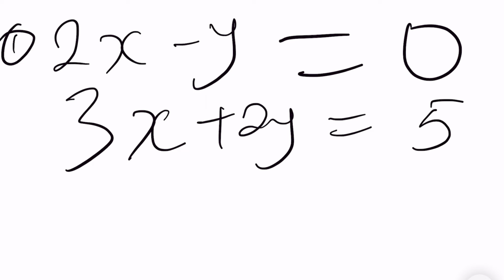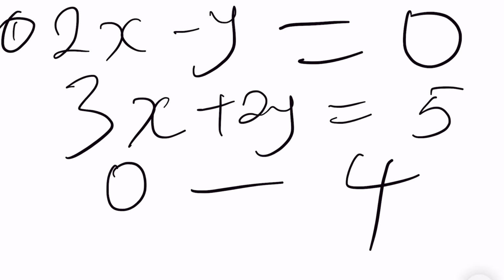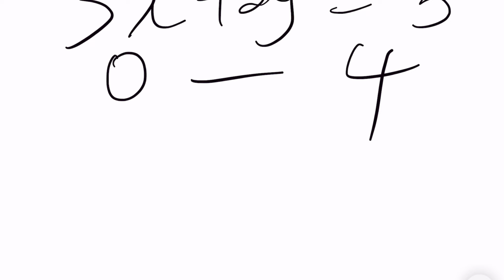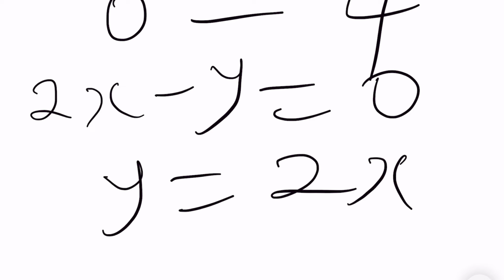So in this case, we'll plot the table of these two equations and we'll plot the graph. For these questions, we'll be using a range of 0 to 4. Now, for 2x minus y, we have y equals 2x.